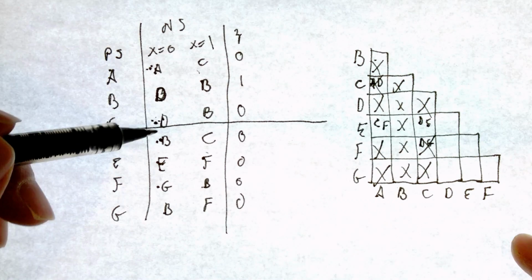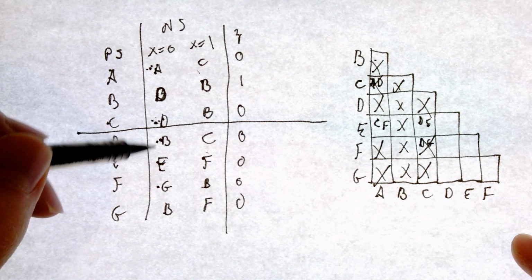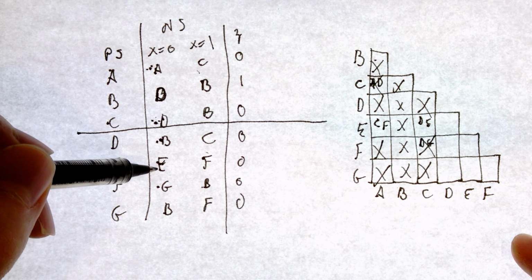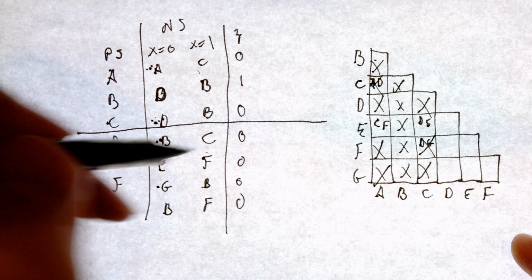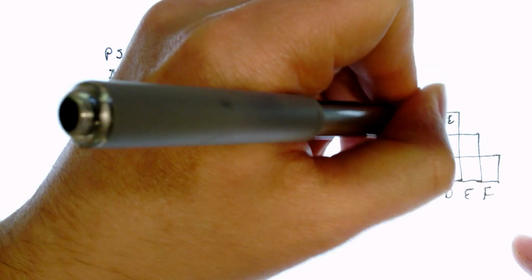How about DE? DE uses BE. That's not too bad. That's supposed to be BE.